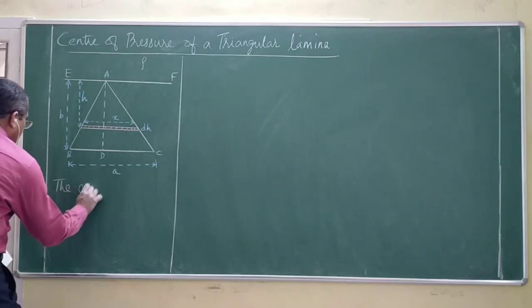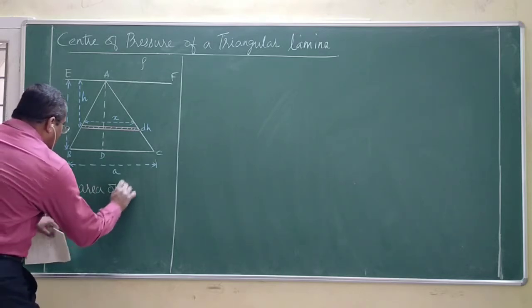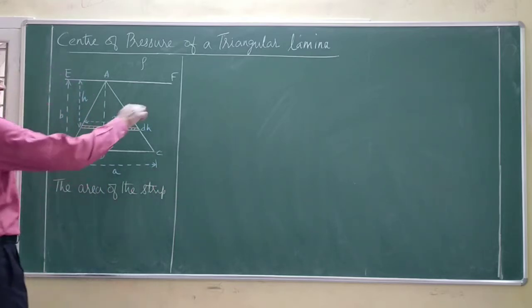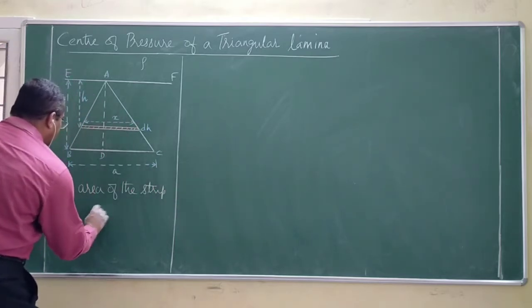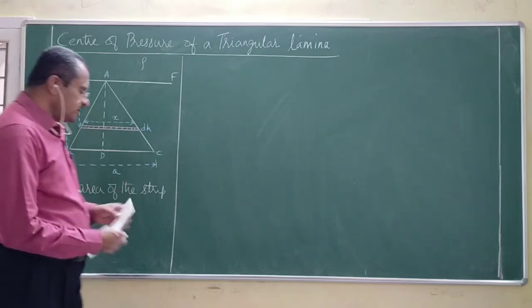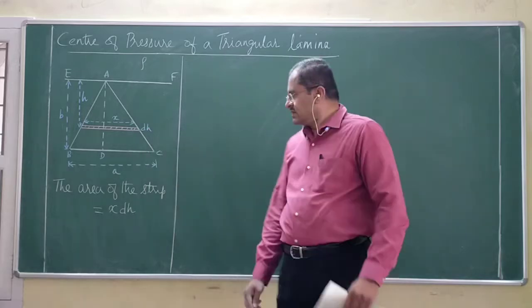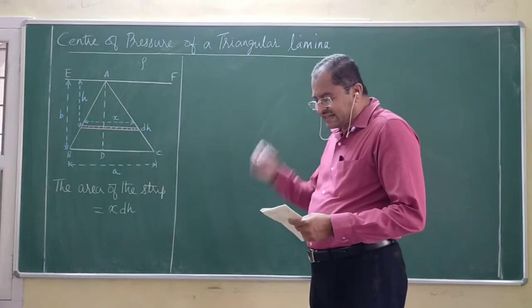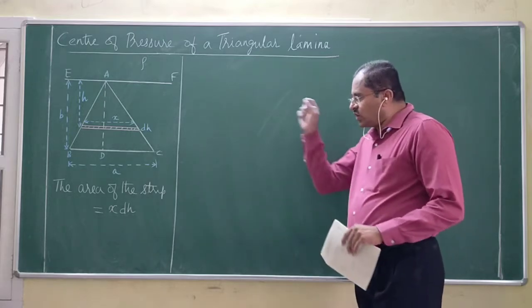The area of the strip. This is a rectangular strip, therefore length into breadth will give you the area of the strip. So now we need to find out what is the thrust on the strip.